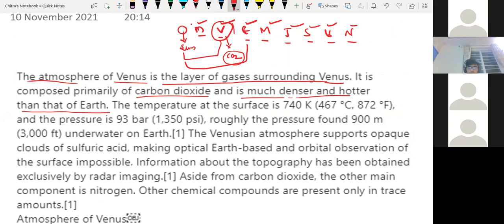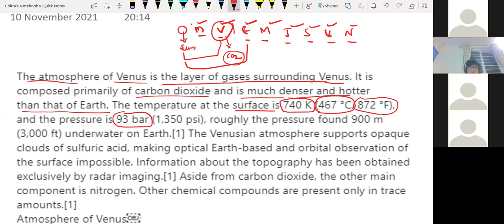On the surface of Venus, the temperature is about 740 Kelvin, which means 467 degrees Celsius. The highest temperature is about 872 degrees Fahrenheit, which is just a conversion of the degrees Celsius. The atmospheric pressure is also very high, about 93 bar.